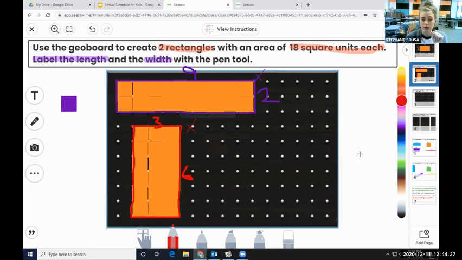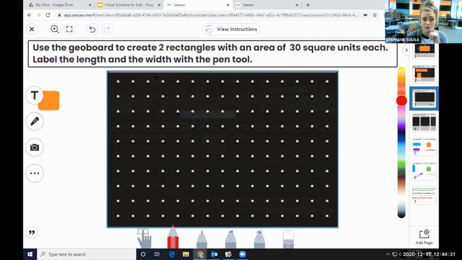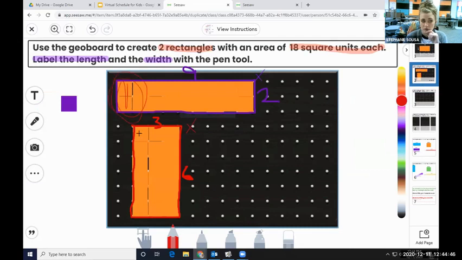Today, you are getting ready to complete the rest of these independently. Slide 3 says to create 2 rectangles with an area of 30 square units each. Notice that word each. That means each of the 2. So I'm going to see one rectangle and I'm going to see another rectangle.